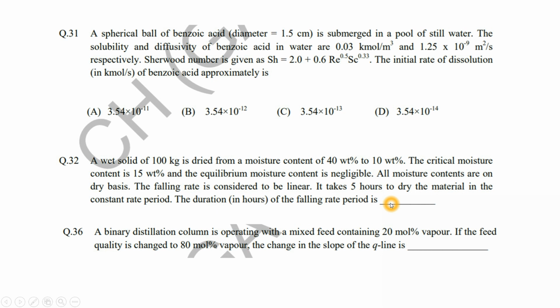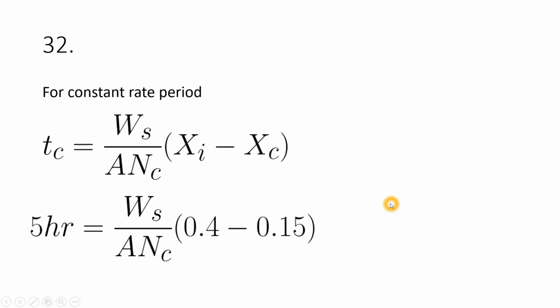So let's start with the solution. In this question, for the constant rate period, remember this formula: Tc is equal to Ws upon A Nc, into xi minus xc, where xi is the initial moisture content on the dry basis, xc is the critical moisture content on the dry basis, Ws is the weight of dry solid, A is the area, and Nc is the constant drying rate, right?